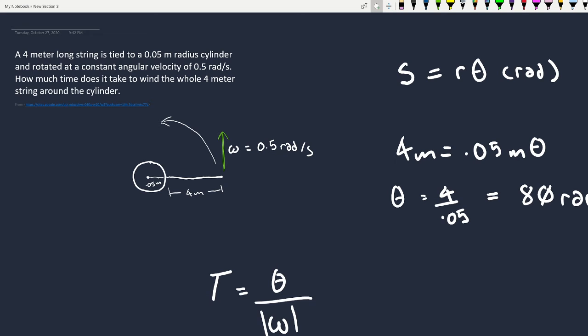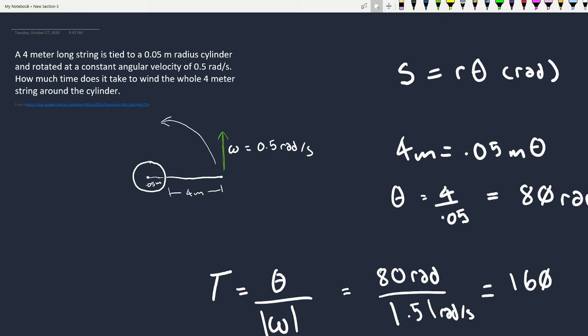And so we already know these two, so when we plug in our values, we have 80 radians divided by 0.5 radians per second. We end up with 160 seconds. Therefore, guys, it'll take 160 seconds to wrap around the 4-meter string around the cylinder.